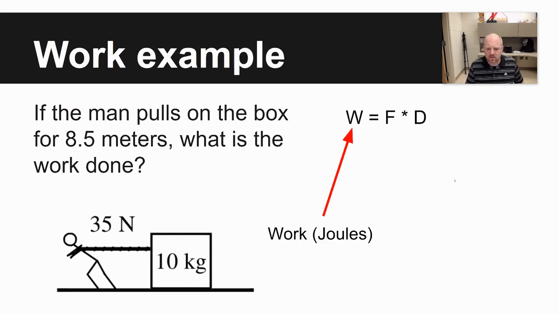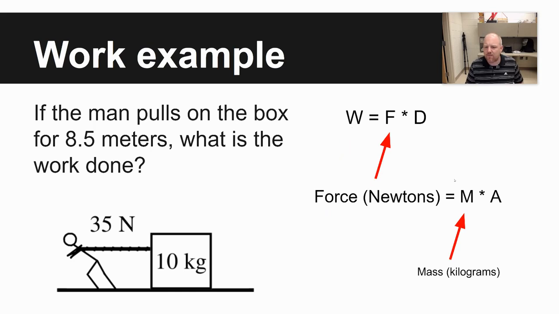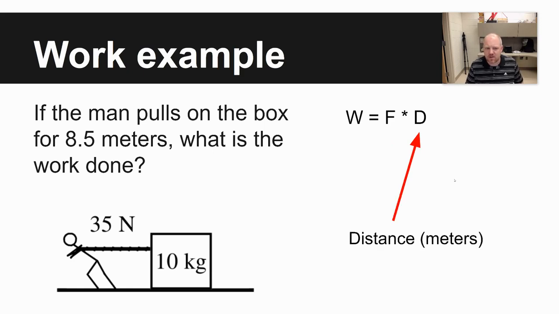Again, work, measured in joules, all these different forms of energy are measured in joules, is equal to force measured in newtons. Force, by the way, can also be found by taking mass in kilograms times acceleration measured in meters per second squared. But work is equal to force times distance measured in meters.